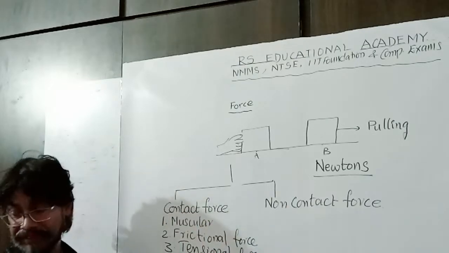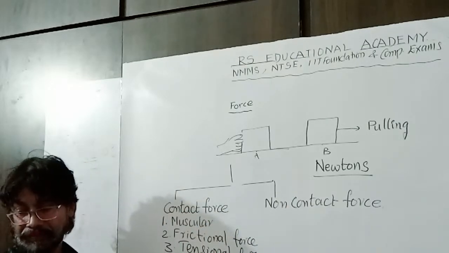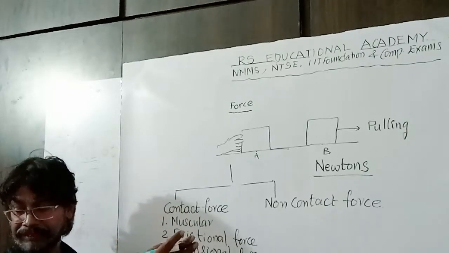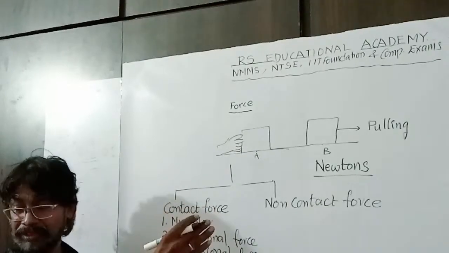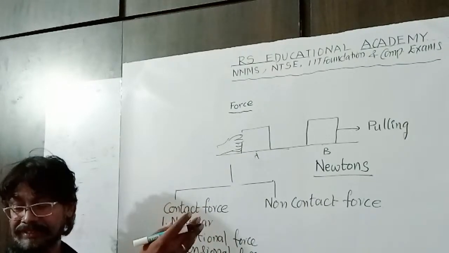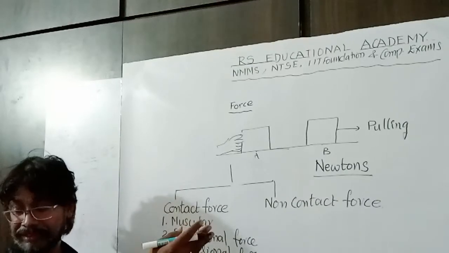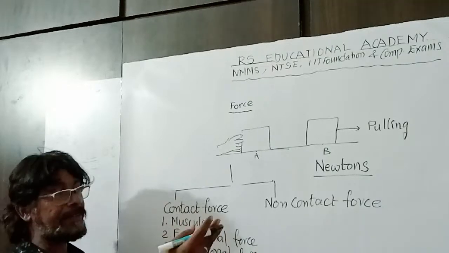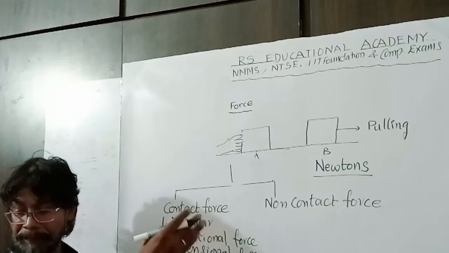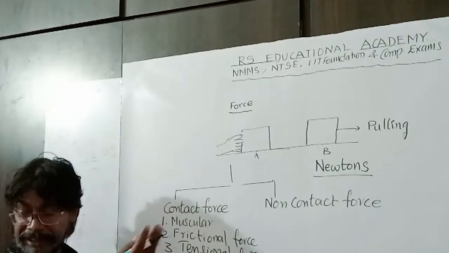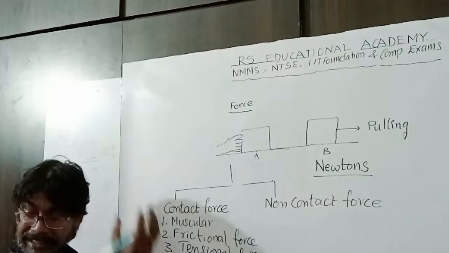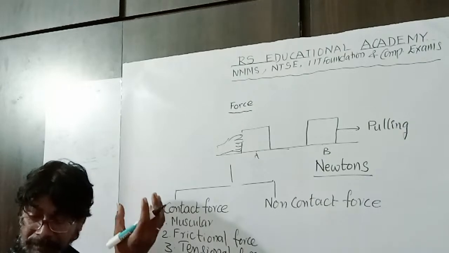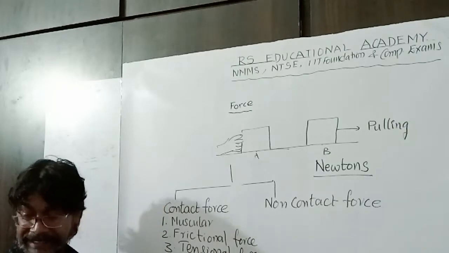So what are non-contact forces? It is a force which is applied on an object without contacting it, without having direct contact on the object. Suppose a person is on the branch of a tree and he slipped down, then the earth attracts him, the earth pulls him towards its center.